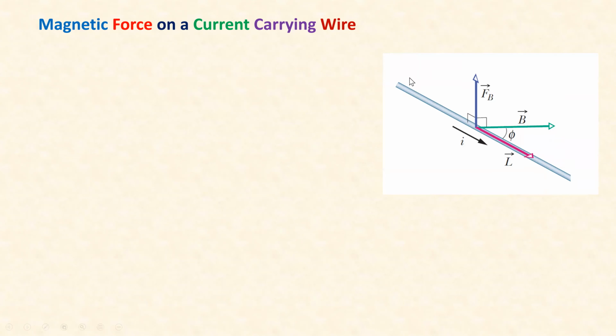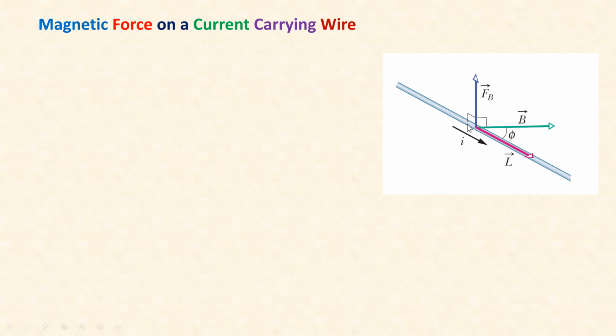So because the current is because of the moving charges, each moving charge feels a force, and therefore the current feels a force. Suppose we have this wire that has current I in it, and it is in the magnetic field. Sorry, magnetic field is this way, B field in this direction, and it has a length L.